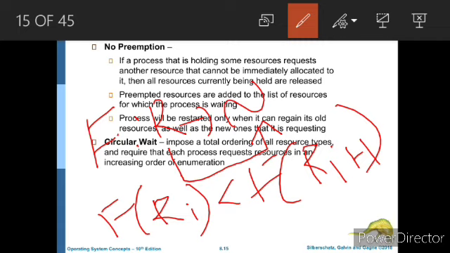Since process Pi plus 1 is holding the resource Ri while requesting resource type Ri plus 1, we have the condition that f of Ri should be less than f of Ri plus 1 for all i, because we have taken the numbers here. For R1 we have assigned number 1, for R2 we have assigned 2. So f of R1 is less than f of R2. So we need to assign the unique integer numbers in the increasing order of the enumeration.